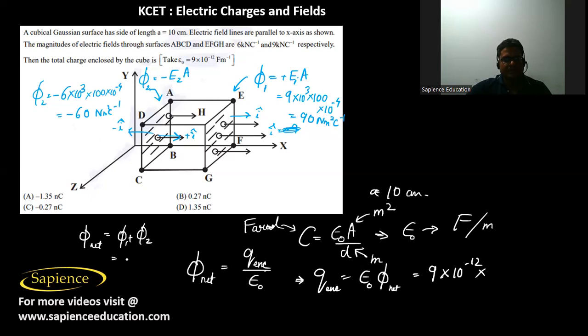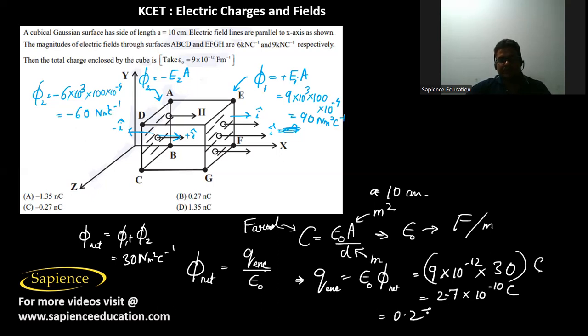That will be 90 minus 60, that is 30 newton meter square per coulomb. So epsilon naught into phi net, into 30, this much coulomb is the net charge. So it is 270, or I can say 2.7 into 10 power minus 10 coulomb, or 0.27 nanocoulomb. So option B is the correct answer.